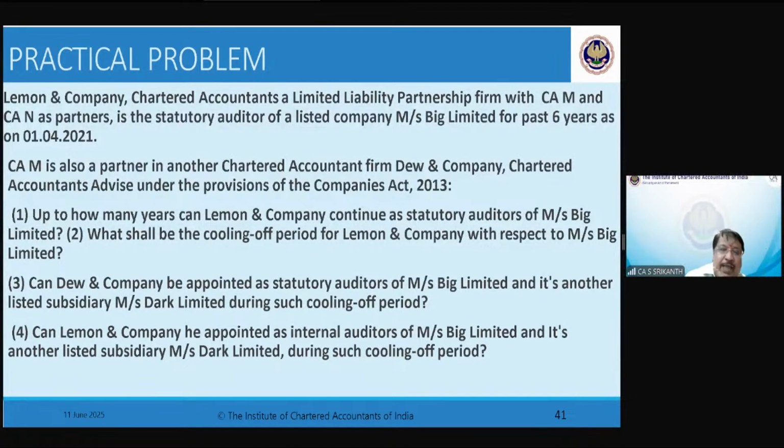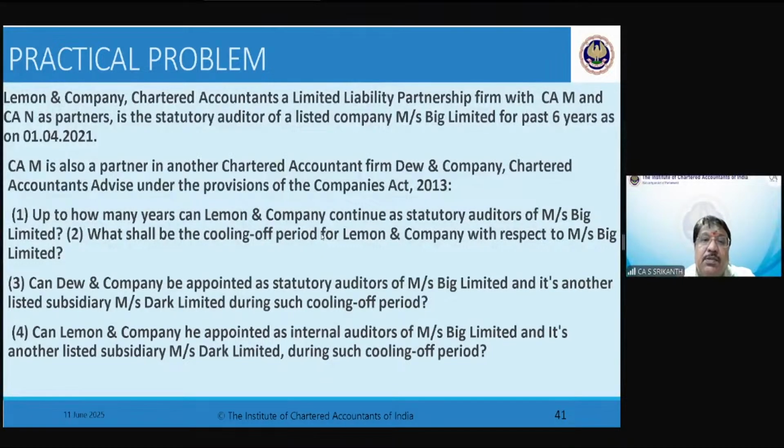Therefore, Dew and Company cannot be appointed as statutory auditor of Big Limited during the cooling off period. But another listed subsidiary of Big Limited, Dark Limited, they can be appointed. Please note the subtle distinction, Your Honors.